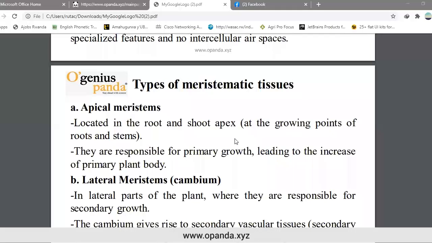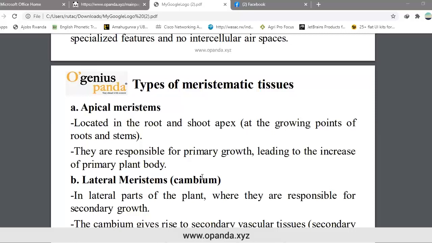Apical meristems, first of all, should retain their location and their role.